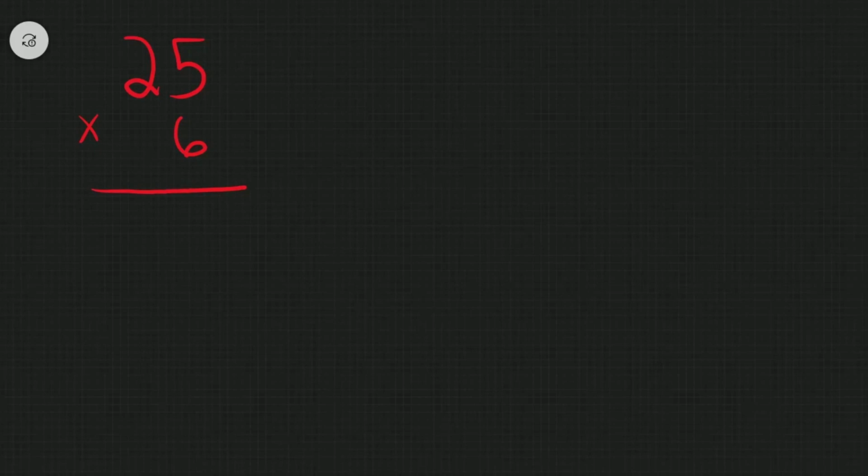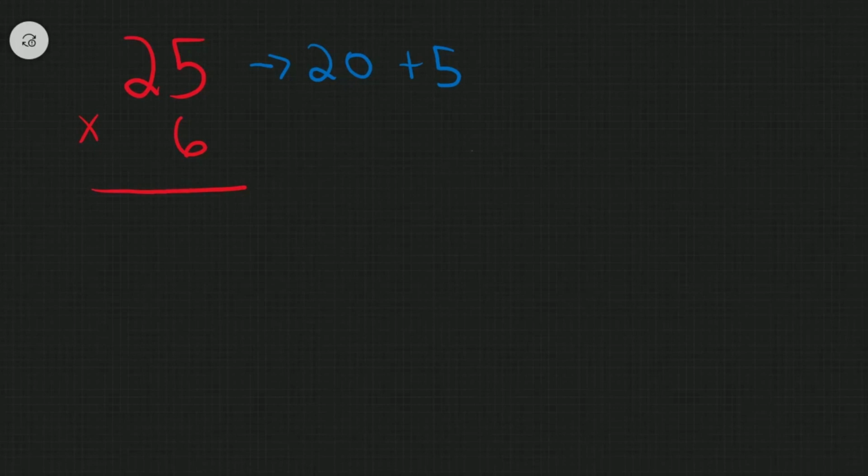So let's just do that on the side here. 25 would become 20 plus 5. Why does it become 20 plus 5? Because there's 2 in the tens column, which makes it 20, and there's 5 in the ones column. So 20 and 5.